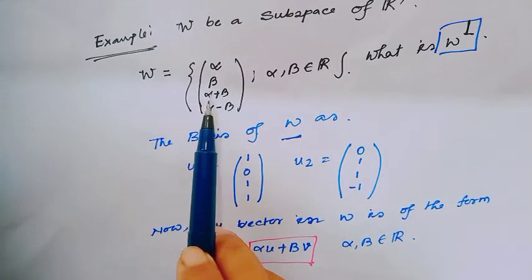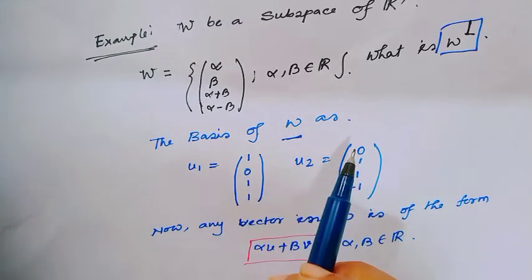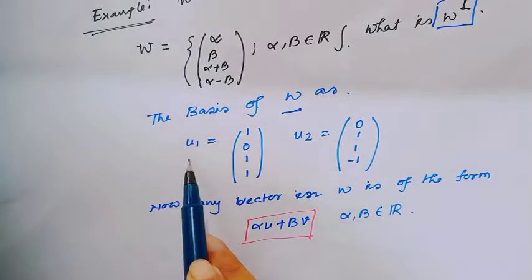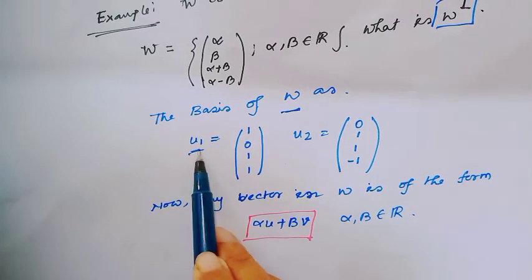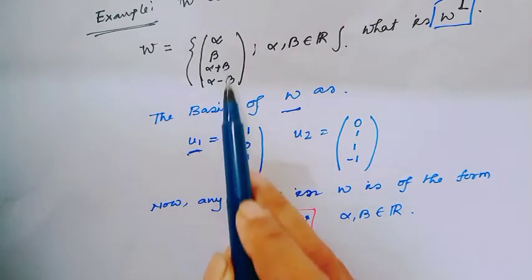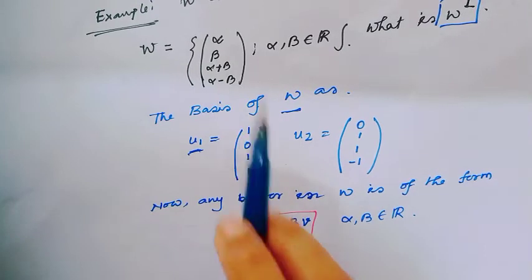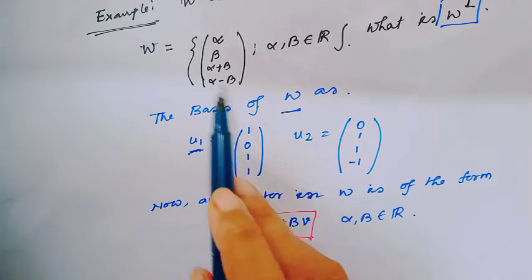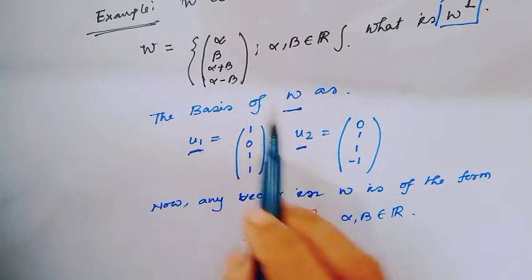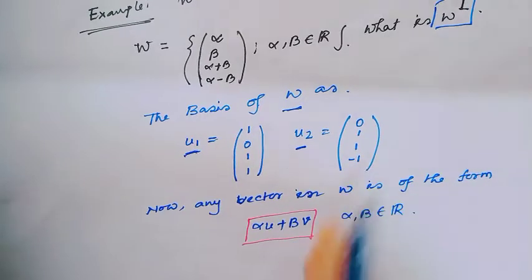Notice at first the basis of W. Consider the vector U1, which is 1 0 1 1, then U2 equal to 0 1 1 minus 1.